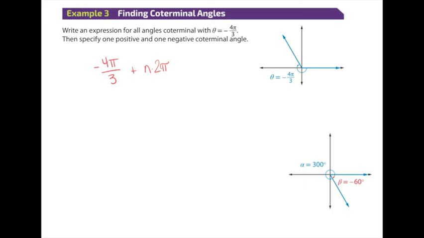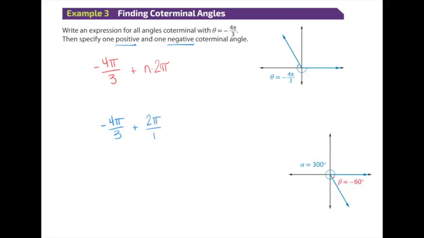Now it wants me to actually give an example. So if I want a positive and a negative coterminal angle here, I'm going to take negative 4 pi over 3, and I'm going to add a circle. Am I in degrees or radians here? Radians. What's a complete circle in radians? 2 pi. And I'm going to put it over 1 because these are fractions.